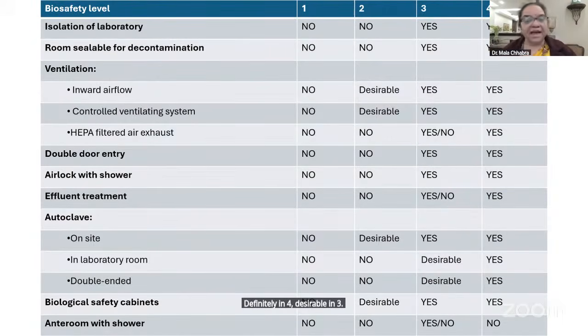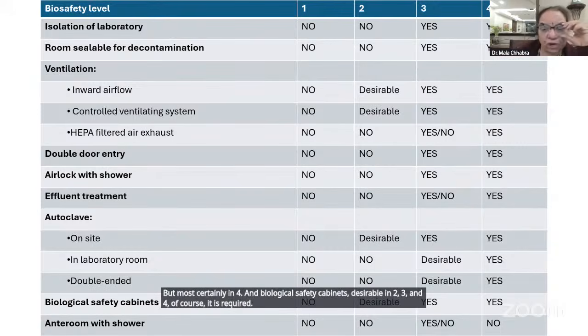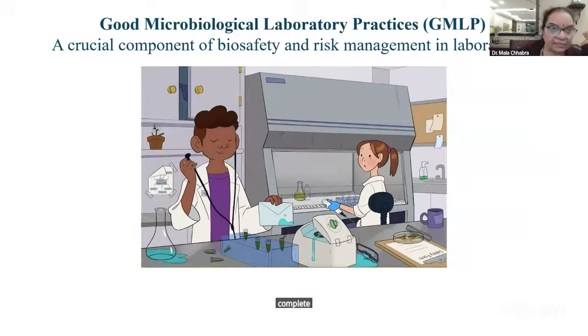Autoclave, desirable in all except 1, but most certainly in 4. Biological safety cabinets, desirable in 2, and required in 3 and 4. And an anteroom for shower, again, is a must in biosafety level 3. And of course, you have various other safety measures like eye wash stations and complete showers in case of accidents. So this was about biosafety levels.